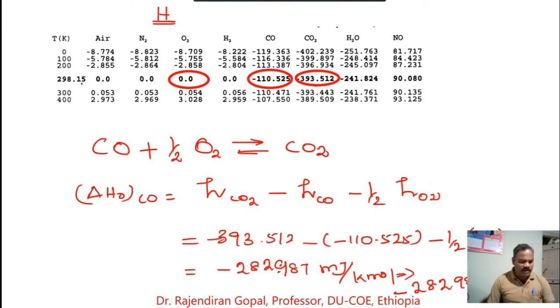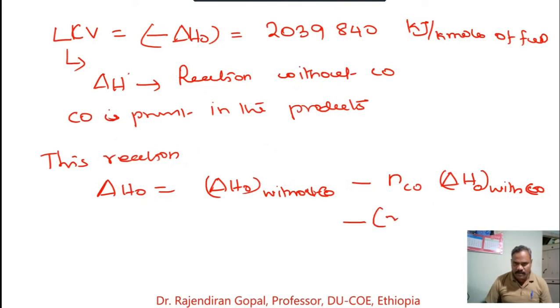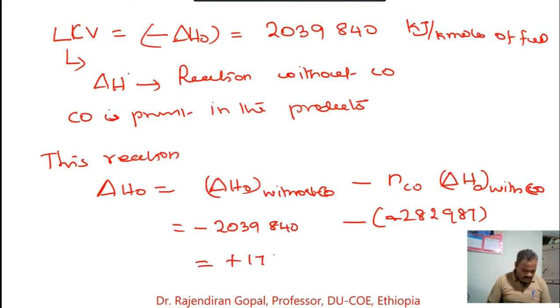Substituting in this equation: minus of minus 282.987, then without CO, minus 2039840, we get plus 1756853 kilojoule per kilomole of fuel.